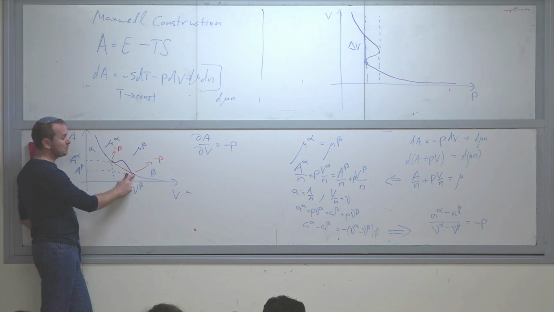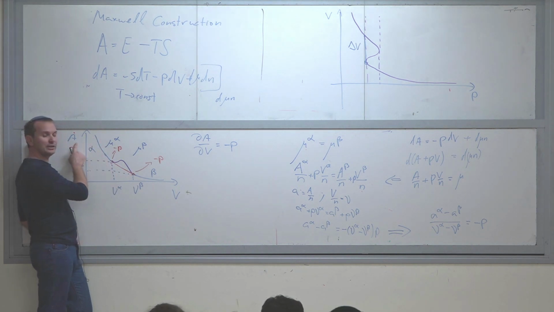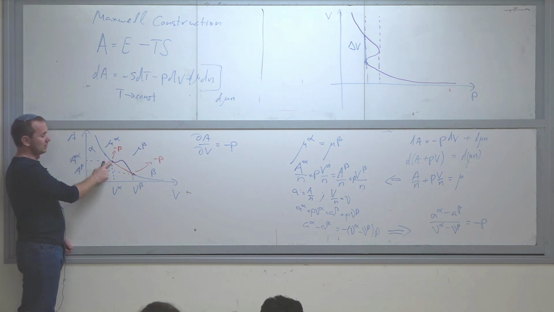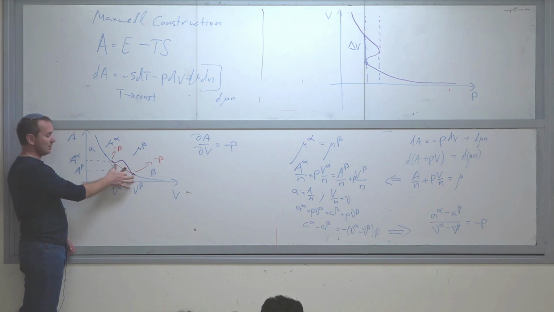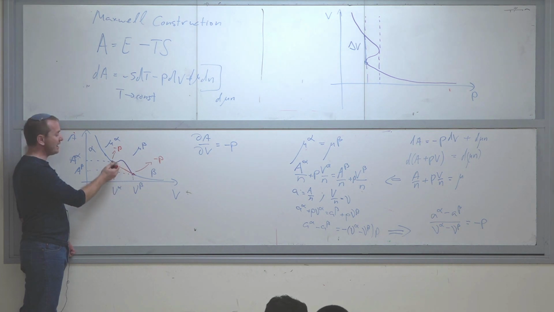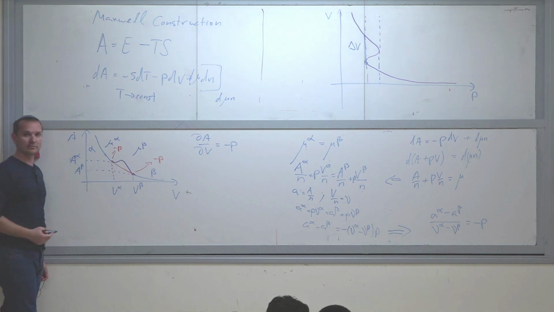So we build up a continuity of this free energy, where we find points such that the derivatives at both those 2 points are exactly the same. And we will connect those 2 points by a straight line.